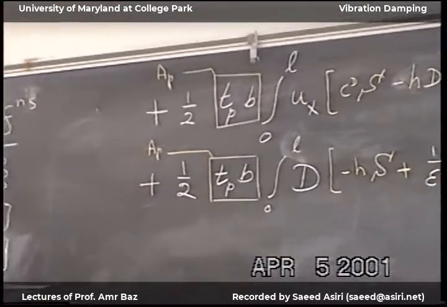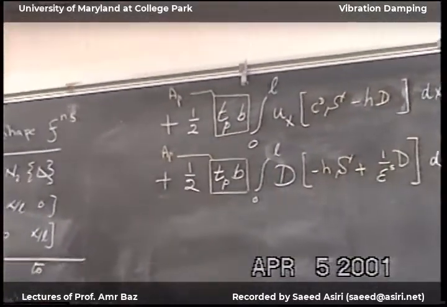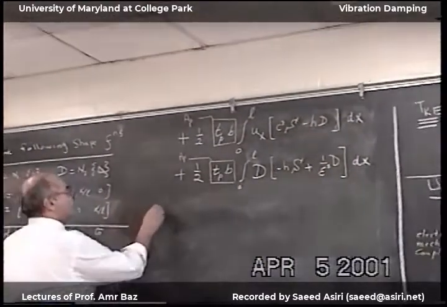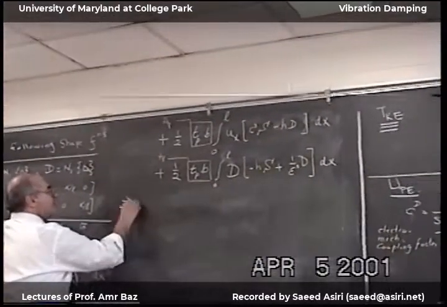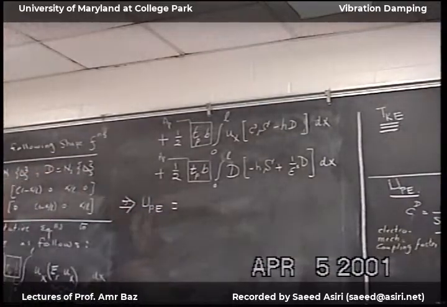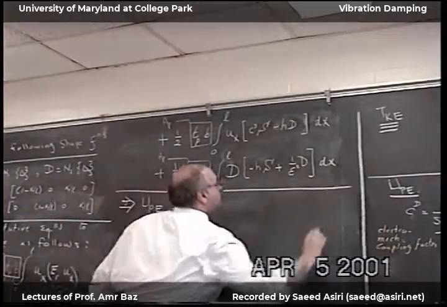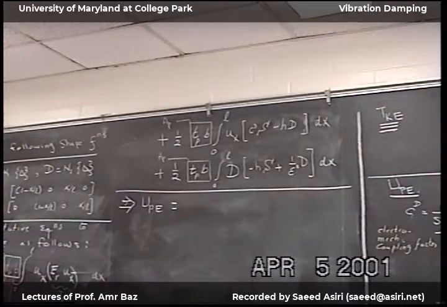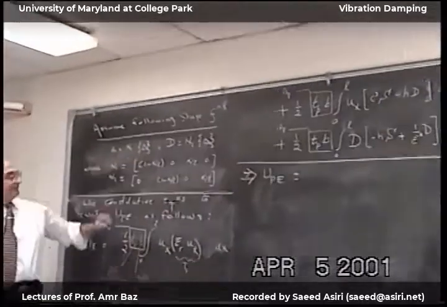Now, we have everything written in terms of two parameters. Well, not exactly. We want to obtain one more thing. Now, U potential energy. From here, I'll replace U of X from here in terms of N and delta.